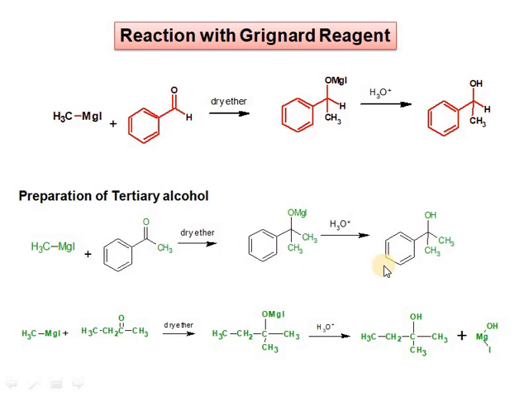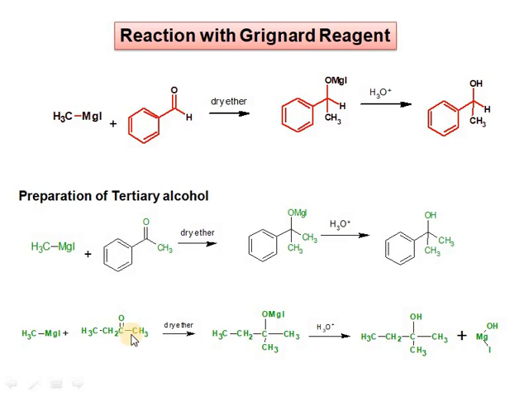All the reactions are similar for preparing primary, secondary and tertiary alcohols. But to prepare primary alcohols we use formaldehyde, to prepare secondary alcohols we use acetaldehyde, and to prepare tertiary alcohols we use a ketone. In a similar reaction, methyl magnesium iodide can be treated with this ketone.